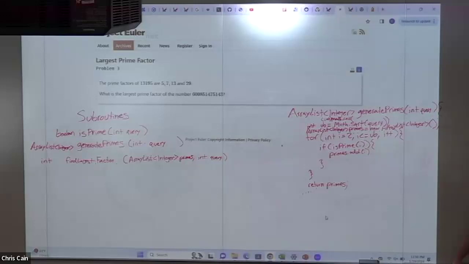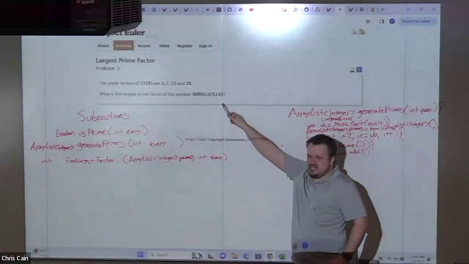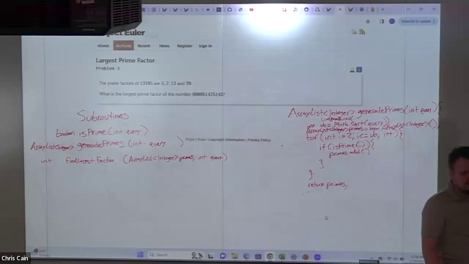And eventually that's going to be 1. When it is 1, the current position in the ArrayList of the last prime that you checked is going to be the largest prime. You can return that number and that will answer the whole question. And this program should generically solve this for any particular number. It doesn't have to be this number, you just get that number from the user, and this should run relatively quickly.